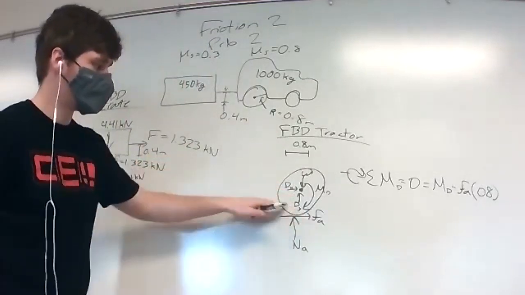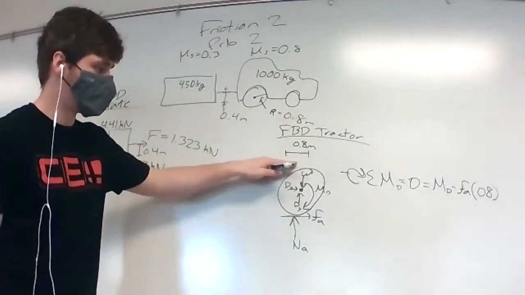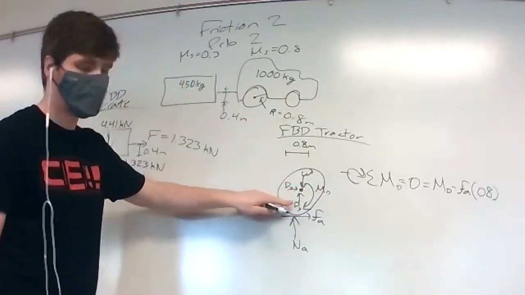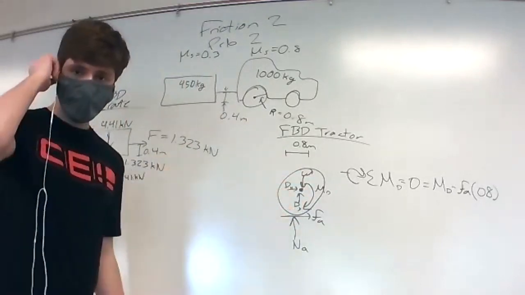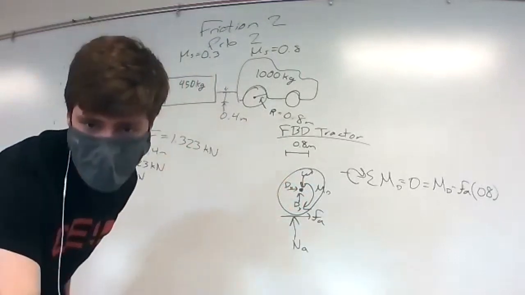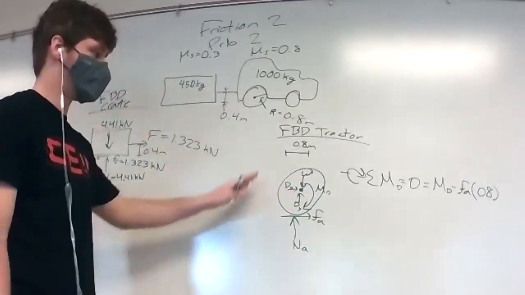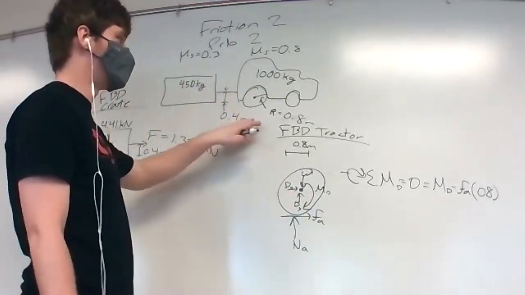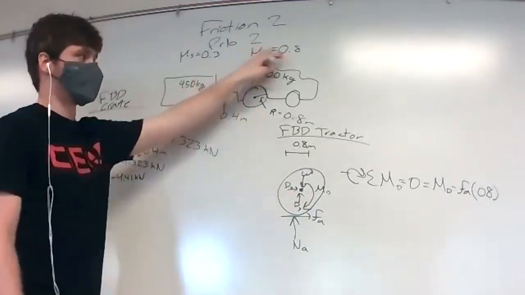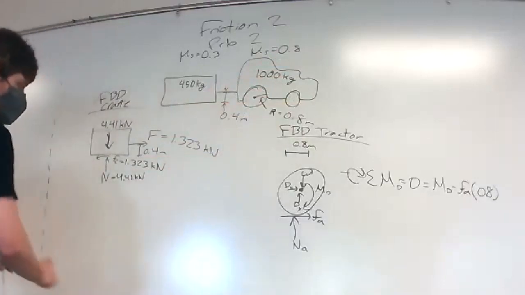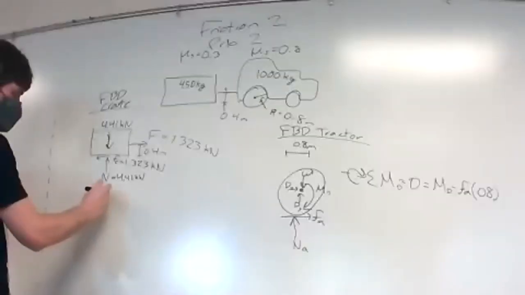On this tire, we have normal force, friction, DY, DX, the weight, and the moment M. So this is the free body diagram of just the wheel. We now need a free body diagram of the whole tractor. So I'm going to go ahead and write this over here.